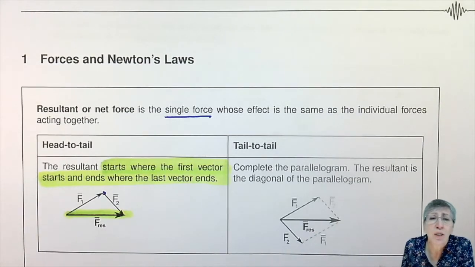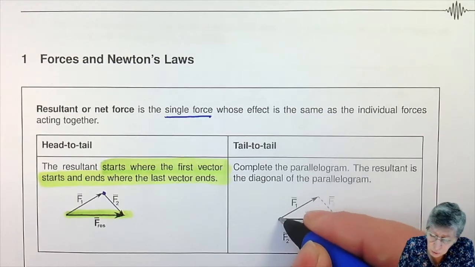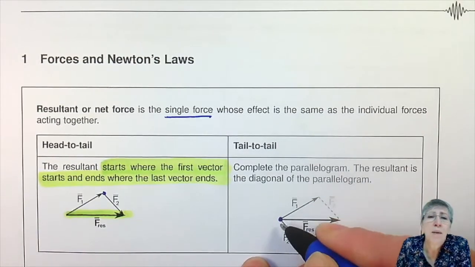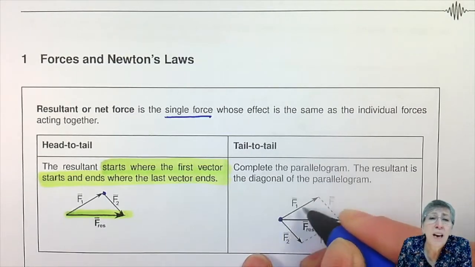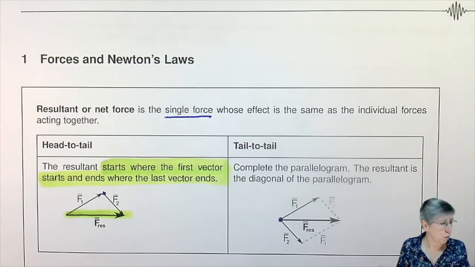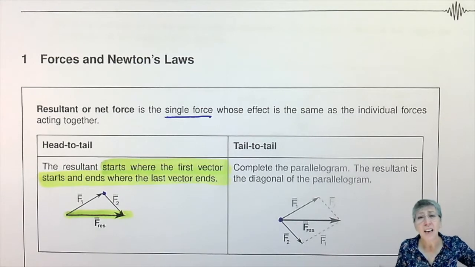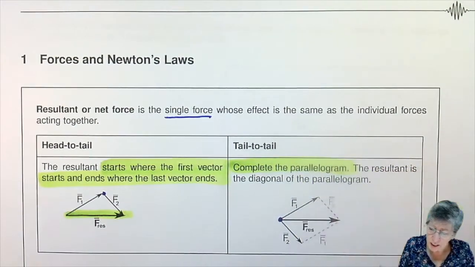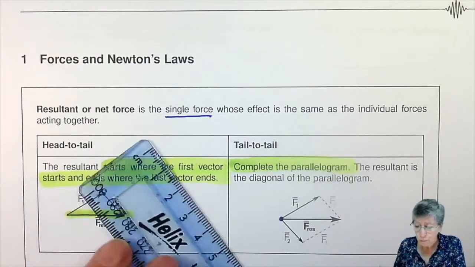Next up, tail to tail. Now, if you look at this one, you will see over there they've drawn from the same point. So we have the tail of the one and the tail of the other together. So what do I do if I've got tail to tail? I need to complete the parallelogram, and I do that by taking this force, right?